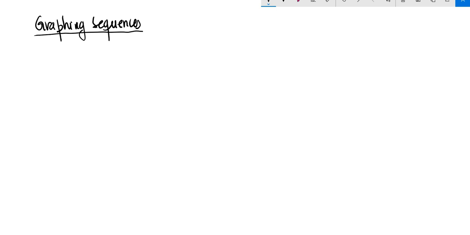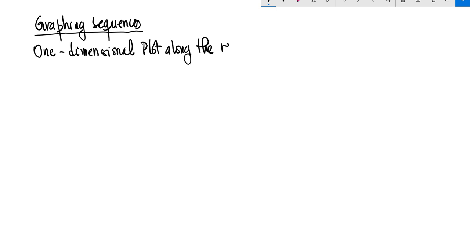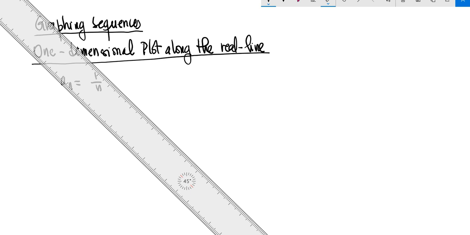There are two ways generally to graph a sequence. You can graph a sequence as a one-dimensional plot along the real line. In this case, suppose you are given, for example, a sub n is equal to 1 over n, where 1 over n is the nth term of your sequence.